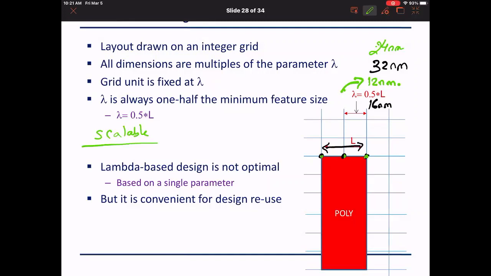So if I draw L equal to 2 lambda, my drawing in 32 nanometer will be interpreted as 2 times 16, and my drawing in 24 nanometer will be interpreted as 2 times 12. Okay, so now I can take the same layout, rather than throwing it away and starting from scratch. This is just terminology.